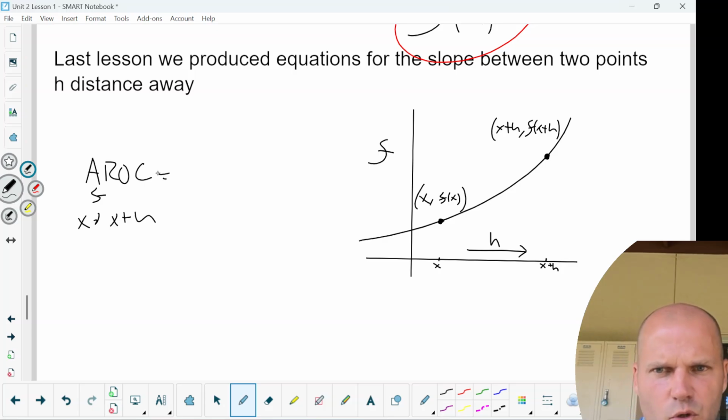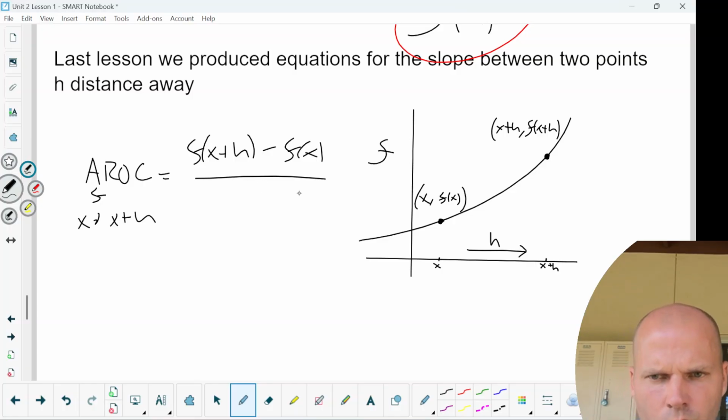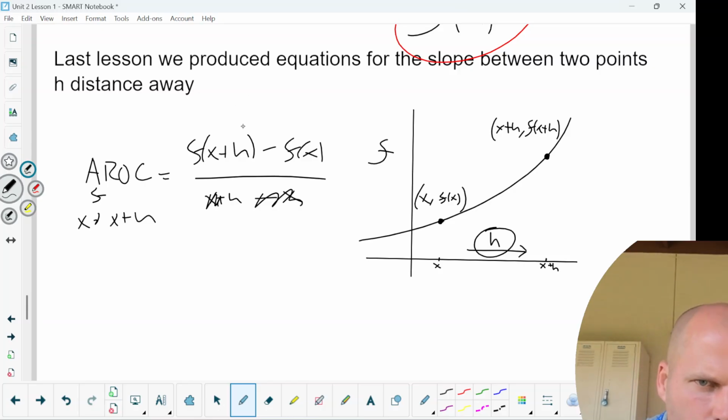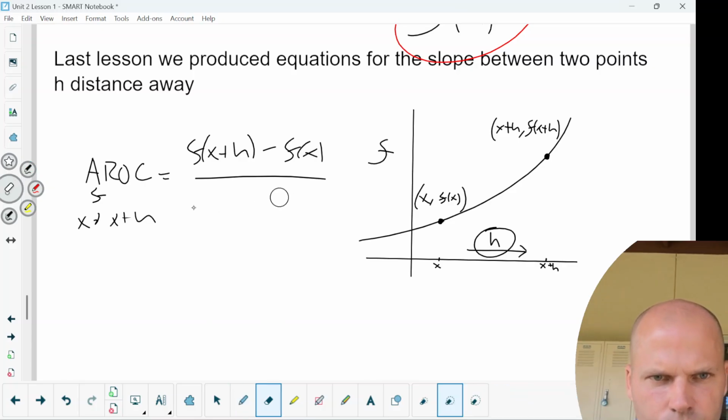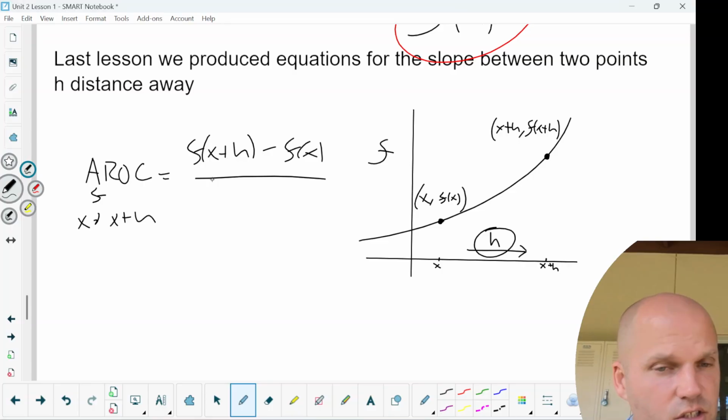And we use our friend, y2 minus y1 over x2 minus x1. And we know that x2 minus x1 is just this x distance of h, or if you did x plus h minus x, you find that it's just h. And boom, this is an average rate of change. Cool? You did it on your test.